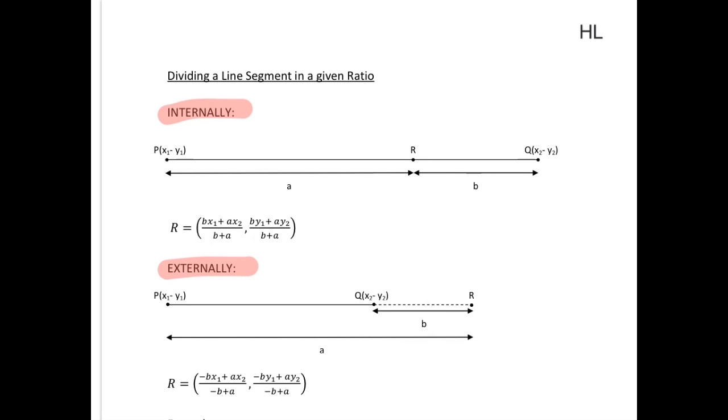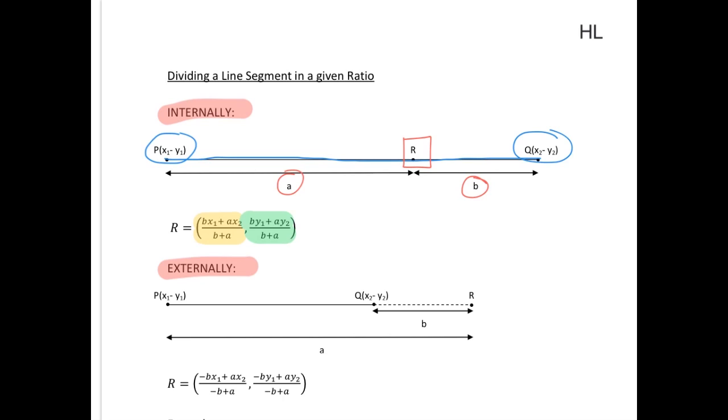So if we have a line PQ, and the coordinates of the point P are x1, y1, the coordinates of point Q are x2, y2, and we want to divide it into the ratio a to b internally, then the coordinates of the point R are given by the formula, the x coordinate being b times x1 plus a times x2 all over b plus a, and the y value being b times y1 plus a times y2 all over b plus a.